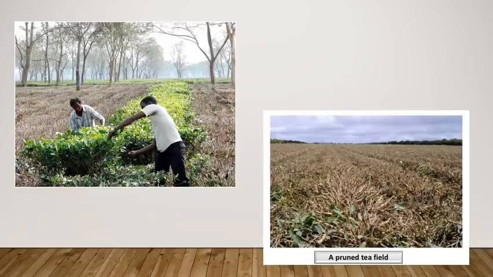Now children, if you've seen a tea garden, you must have seen that the bushes appear to be flat from the top. That is because regular pruning is done, meaning the leaves on top are cut from time to time. Pruning is very essential for two reasons.